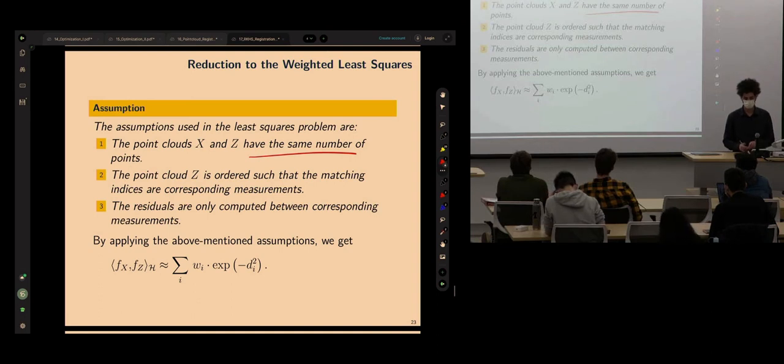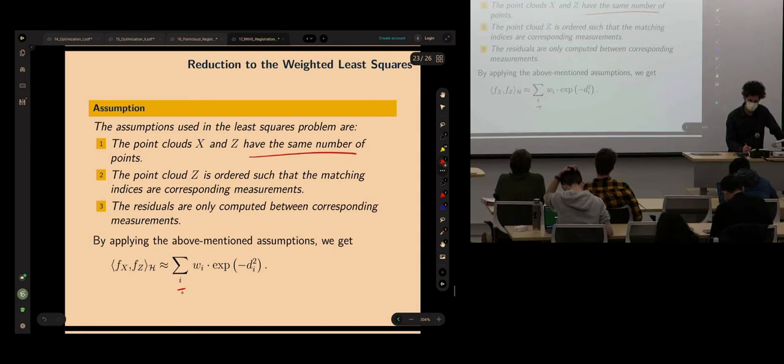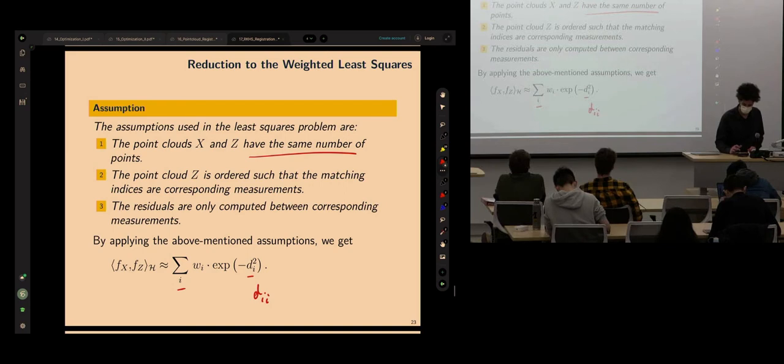Third, we ignore soft association and only evaluate this double sum for corresponding points between clouds X and Z. That reduces the double sum to a single sum, because we only need to loop over correspondences. Then the objective function becomes a single sum over some weights times the exponential of corresponding points. I dropped the second index for simplicity.